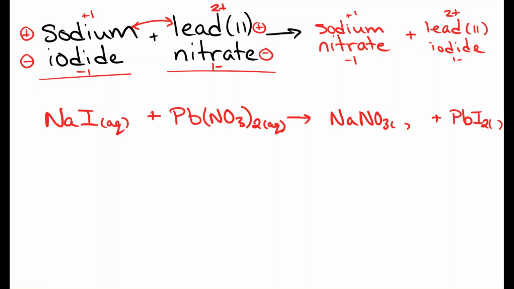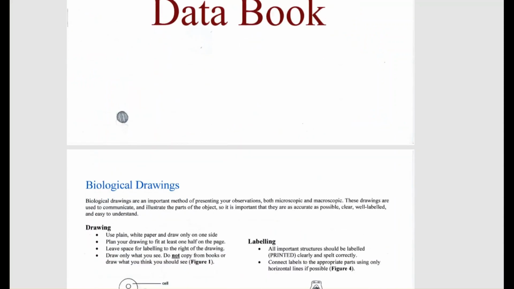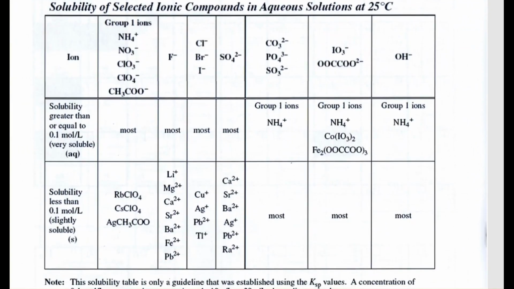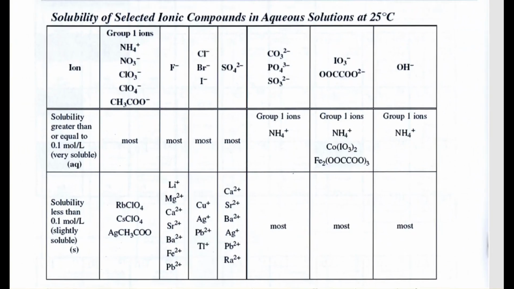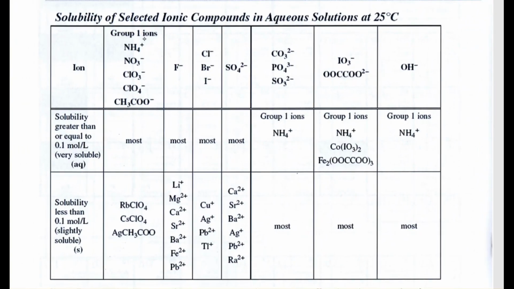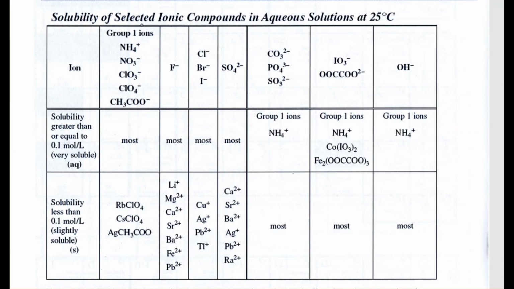So let's go ahead and check their states of matter with the data booklet. So here's our data booklet. The first one was sodium nitrate. So we'll go down to page 8 and take a look at the solubility table. Sodium is right here. It's a group 1 ion, so we could look there.